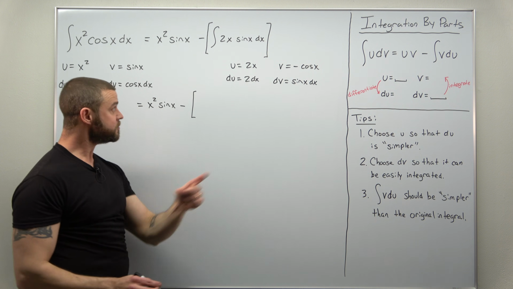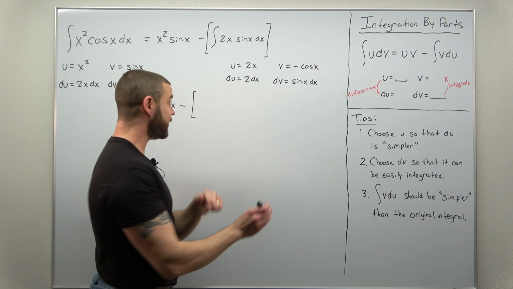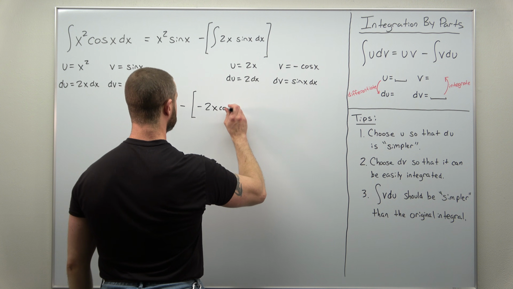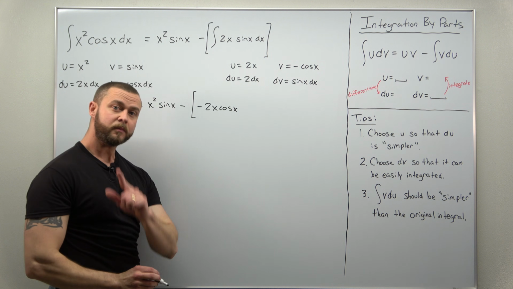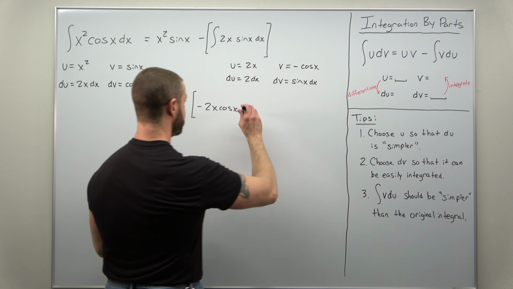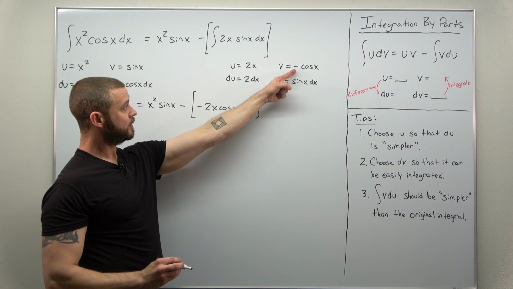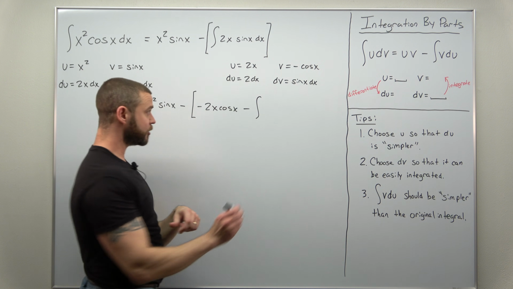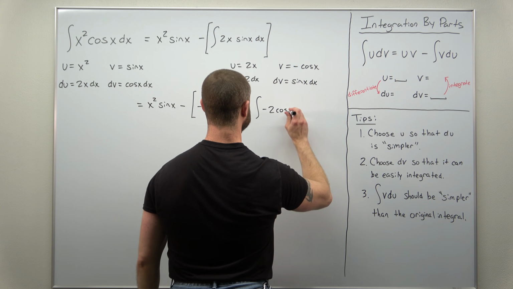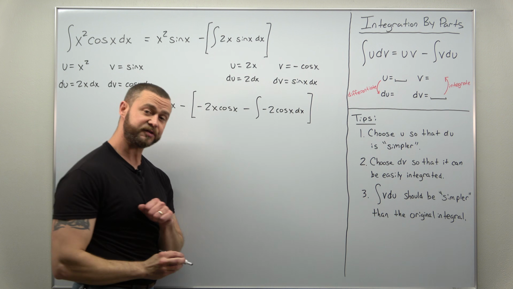So apply your integration by parts formula, u times v, negative 2x times cosine of x, and then I'm going to include all the signs here, minus, from the integration by parts formula, the integral of v du. So the integral of negative 2 cosine of x. And then close the parentheses or brackets.